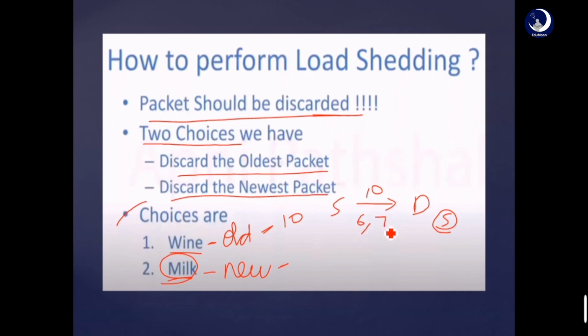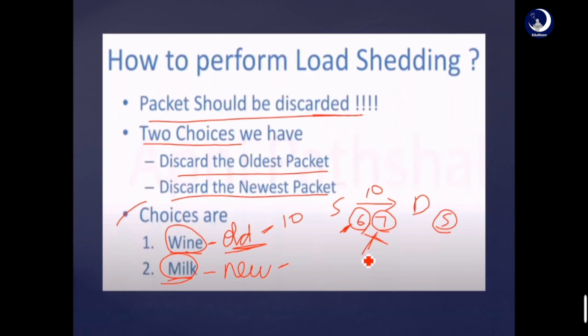No, because the packets are ordered, it can't accept the 7th packet unless it accepts the 6th packet. So in that case, we will choose wine, where the old packet is given priority compared to the new packet. Based upon the situation, we need to make our choice and discard packets.